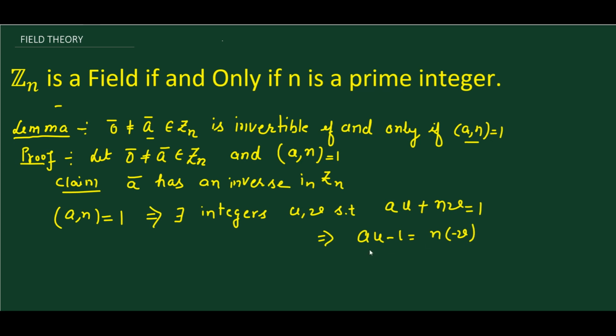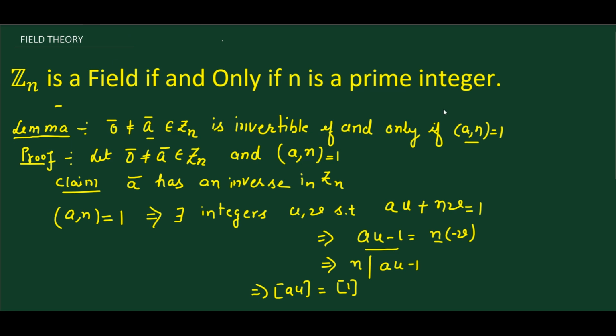It means this left hand side is a multiple of n. What is the definition of congruence classes? n divides the difference au minus 1. It means the class of au is nothing but the class of 1. This is the definition of the way we have constructed the congruence classes.